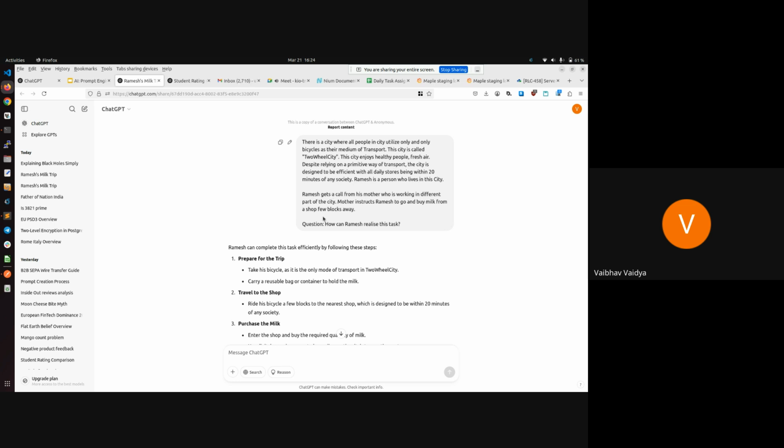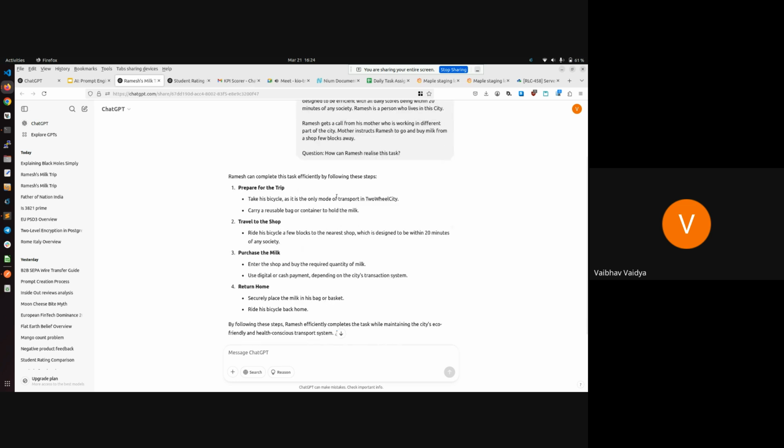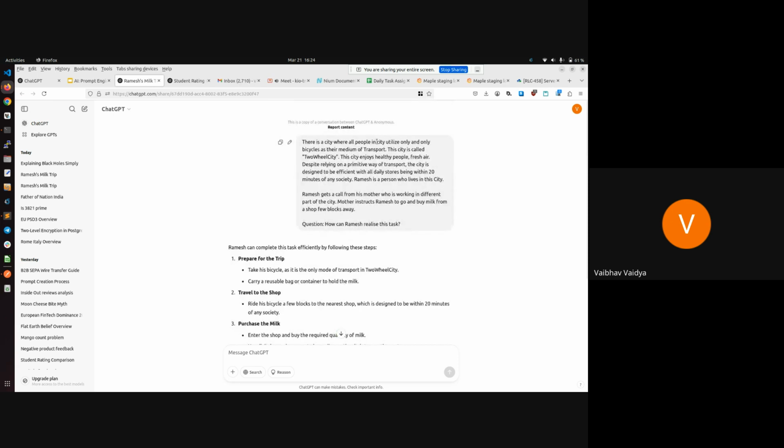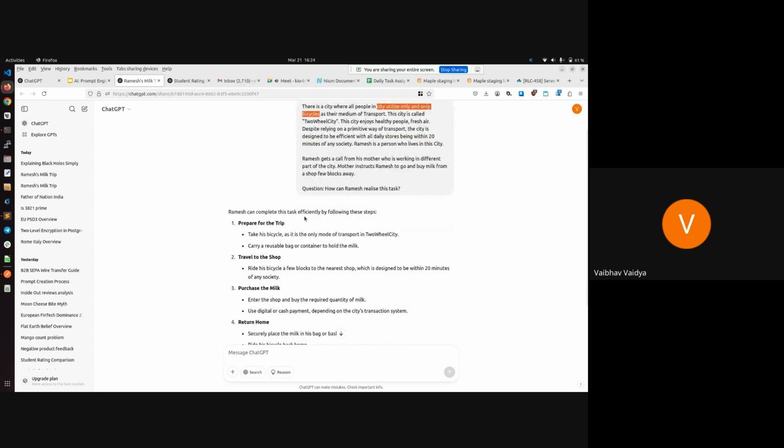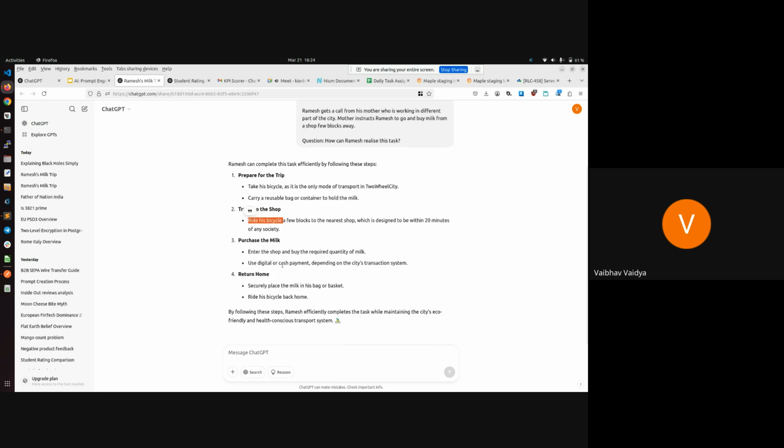So what AI has learned is that transportation is possible only and only via bicycles, so AI answers me accordingly. Number one, take his bicycle. Number two, ride his bicycle. Purchase milk is generic. Now again, ride his bicycle back home.